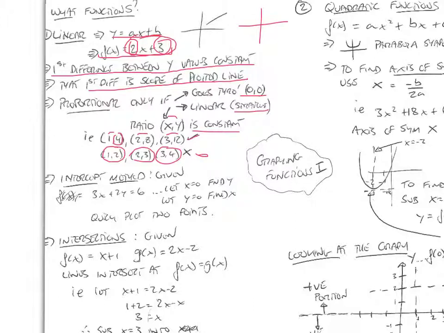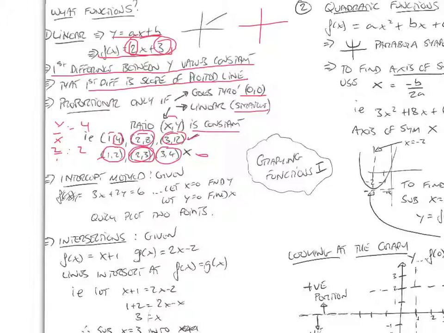A quick check is to ask, what is y divided by x? It's 4. Is that true for all of these? Yes, it is. What is y divided by x here? It's 2 divided by 1, which is 2. Is that true for this? 3 divided is not 2, 4 divided is not 2. So no, not proportional.